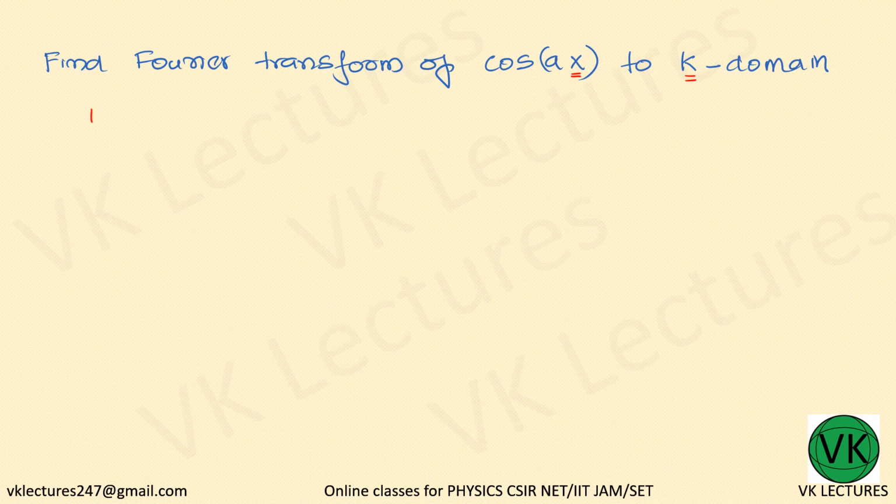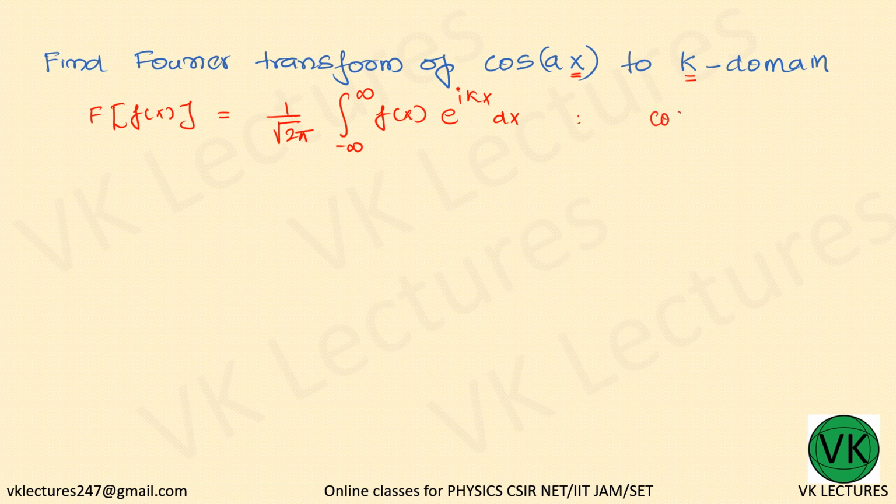So the Fourier transform of the function f of x is equal to 1 divided by root of 2 pi, integral from minus infinity to plus infinity f of x times e to the power i k x dx. Now what is f of x here?